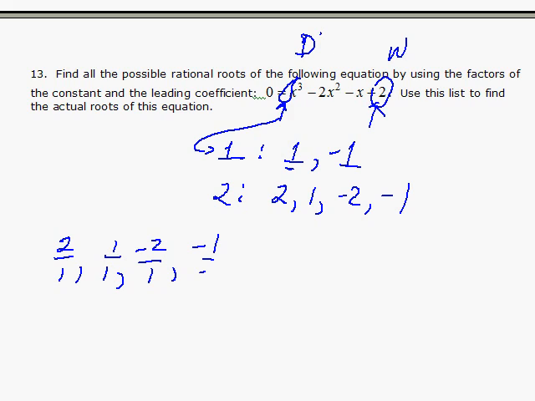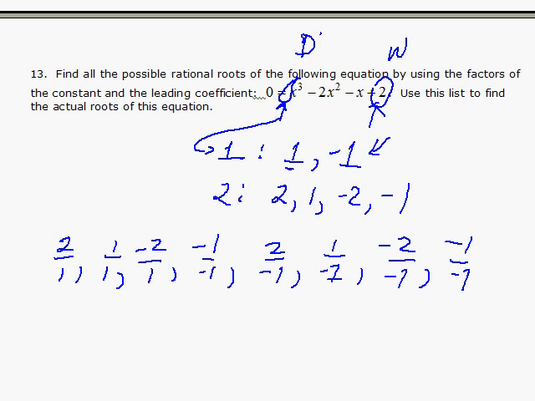There's usually a lot of duplication in here. Now let the negative 1 be in the denominator and put all these others in the numerator: 2 over negative 1, 1 over negative 1, minus 2 over minus 1, and minus 1 over minus 1. Now go ahead and get rid of all the duplicates and reduce your fractions a little bit.